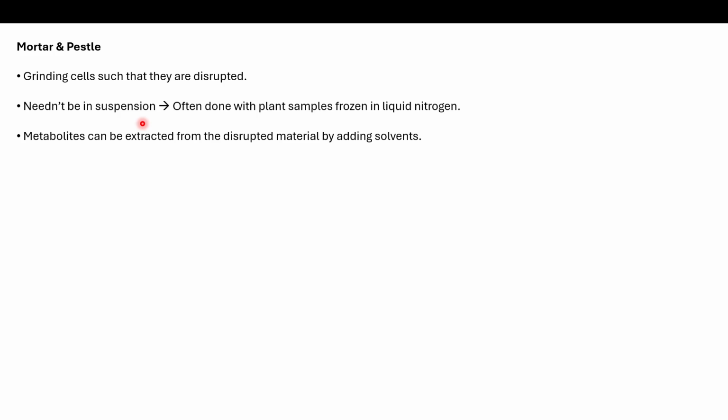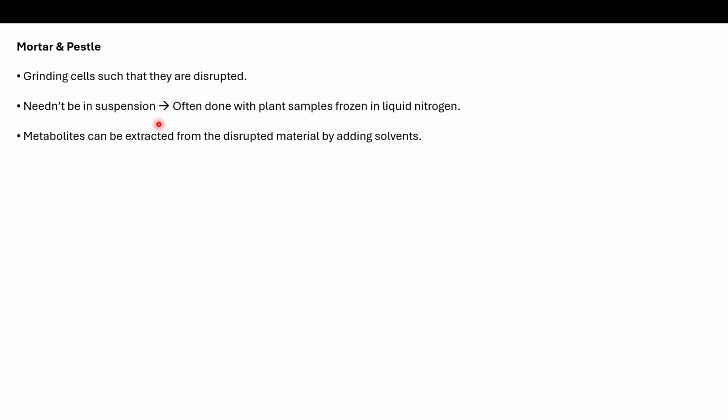What people do is they have a cell pellet, or even the suspended cells are frozen in liquid nitrogen. So you have balls of frozen pellet cells, and that is crushed or ground using mortar and pestle. And then you treat those ground cells using different kinds of buffer or liquids, etc.